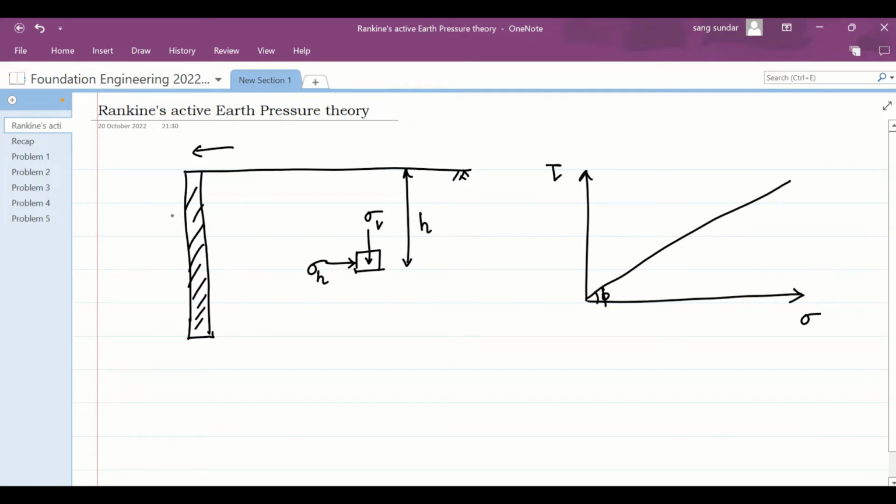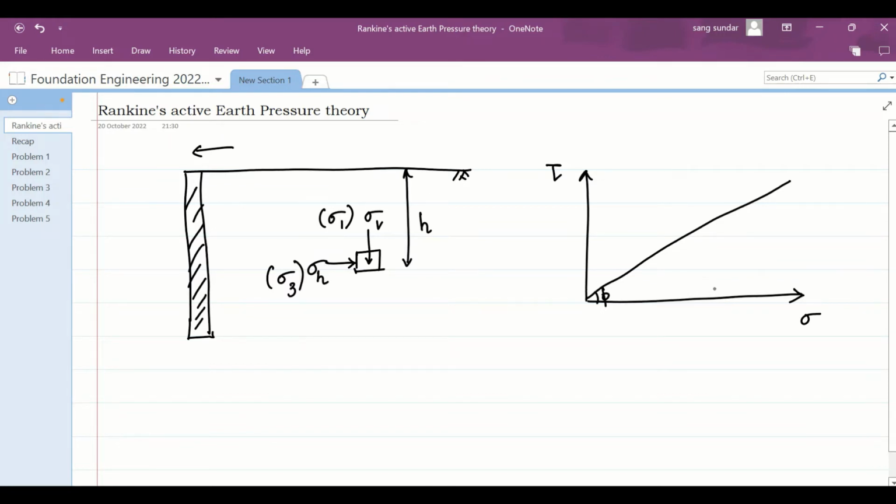Because the wall is moving away from the backfill, so the soil is being released, so horizontal pressure keeps on decreasing and the vertical pressure remains constant, right? Hence this one will be taken as major principal stress and this one is the minor principal stress.